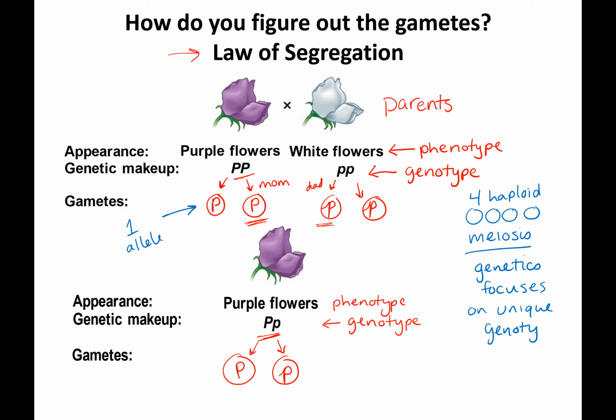So even though this flower would really produce 4 big P's, it's redundant, and we don't actually have to write them all out. We could just write out the one big P. And the same here. So we're looking for unique genotypes to keep our Punnett squares as small as possible.